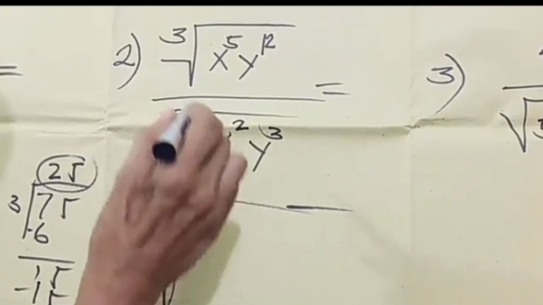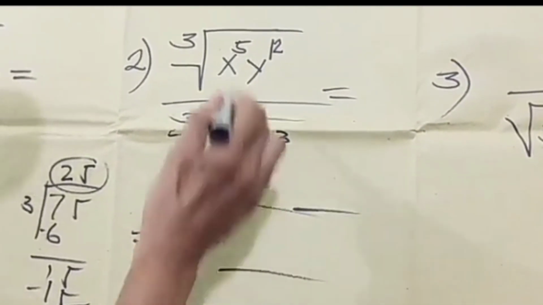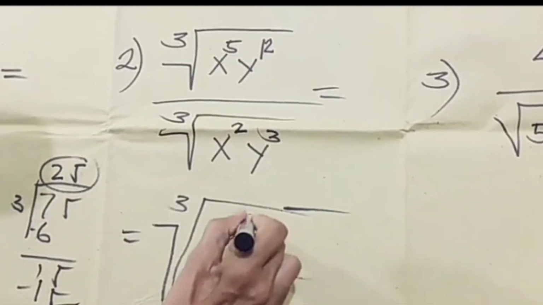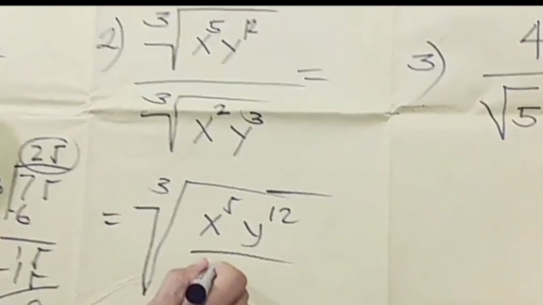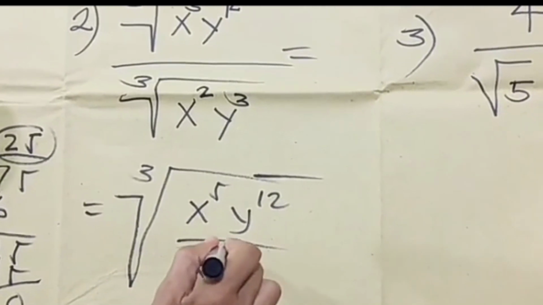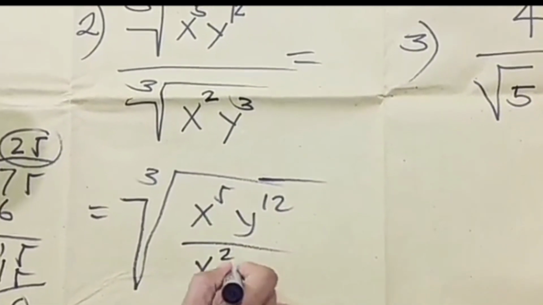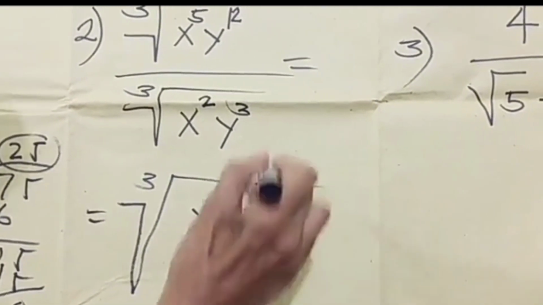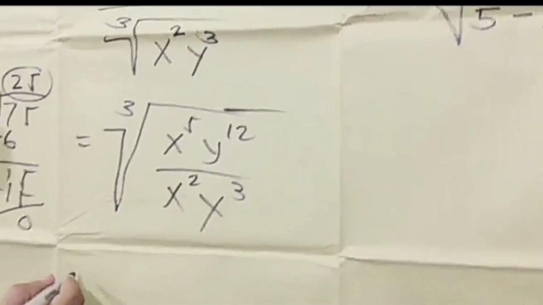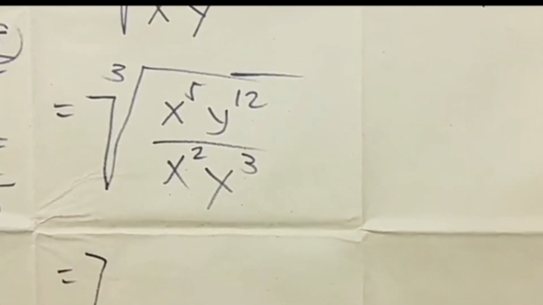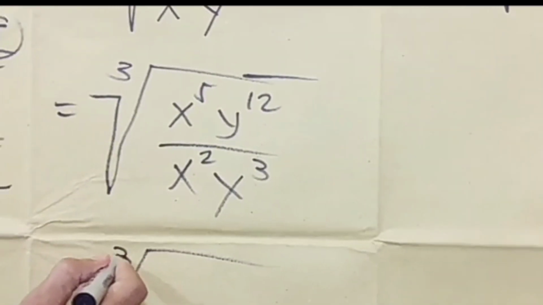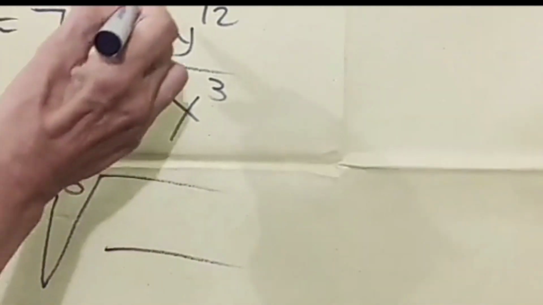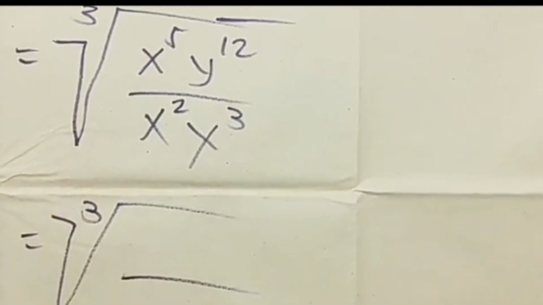Okay, this time we are going to combine x raised to 5, then y raised to 12, divided by x raised to the second power, then y raised to the third power. And then you have to write again the radical with index 3, and we're going to subtract 5 minus 2 for the variable.